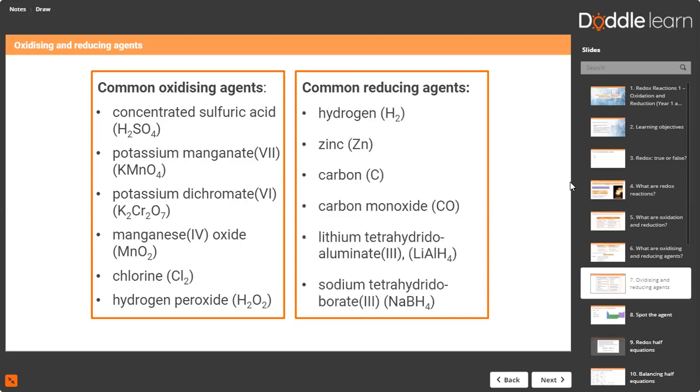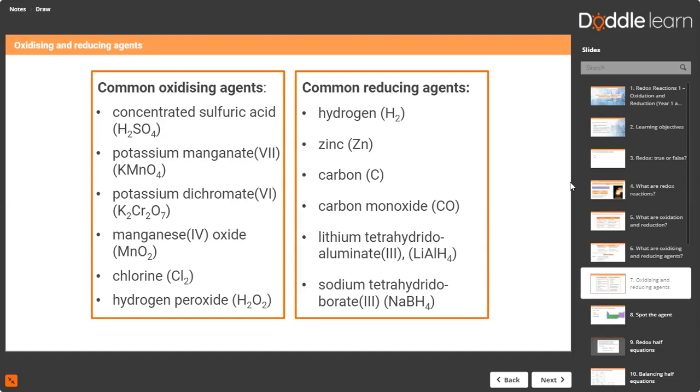Some common reducing agents are hydrogen, which makes sense because oxidation is loss, so we can reduce something by adding hydrogen to it. Also zinc, and that again will be to do with electrons, because in reducing something we are gaining electrons, so the zinc can donate electrons.